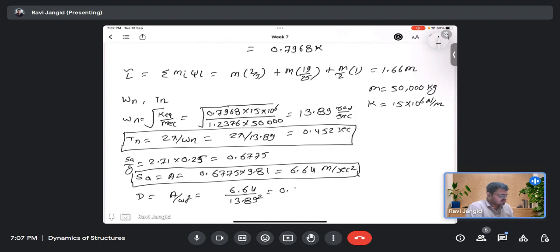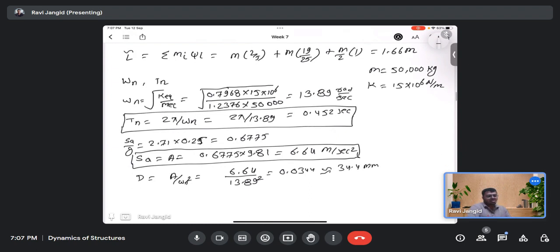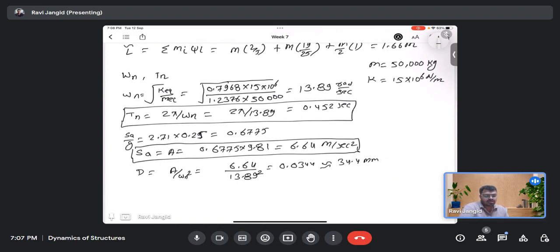That is coming out to 0.0344. So it will be around 34.4 mm. So this is in terms of d. So peak displacement, if you go through the notes, your z naught peak displacement is given by this factor gamma multiplied with d.